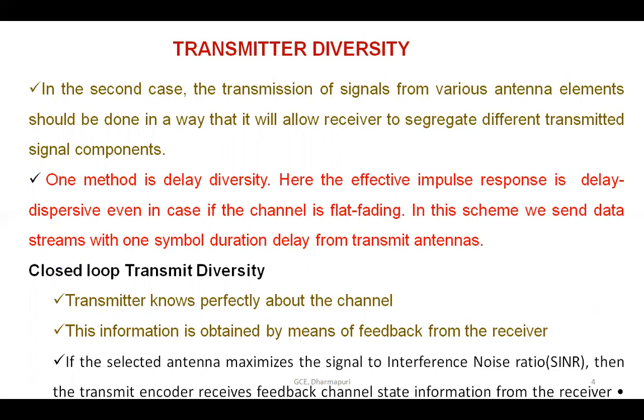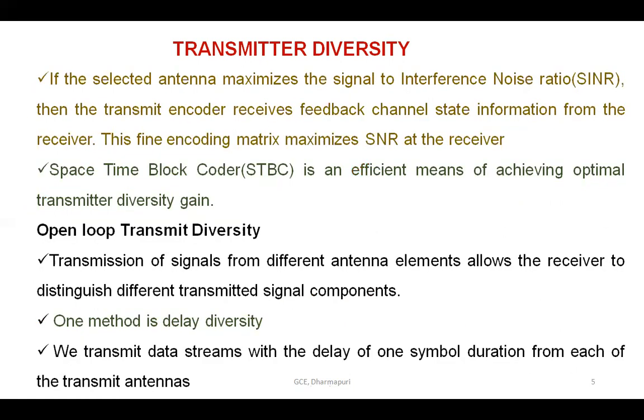In closed loop transmit diversity, the transmitter knows the channel perfectly. This information is obtained by means of feedback from the receiver. If the selected antenna maximizes the signal to interference plus noise ratio, SINR, then the transmitter encoder receives feedback channel state information from the receiver.